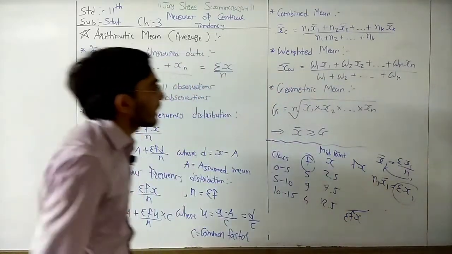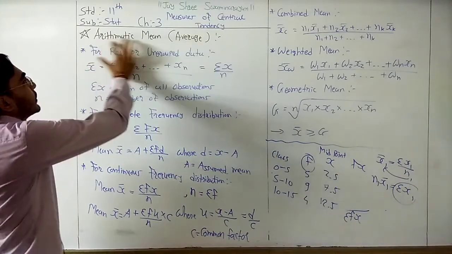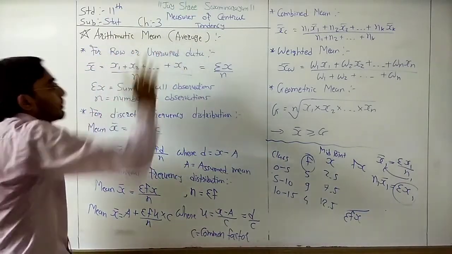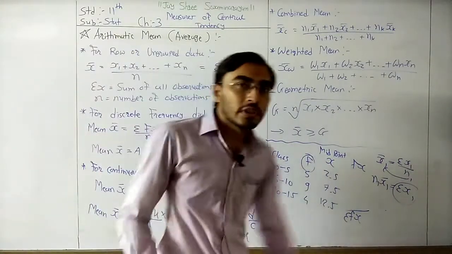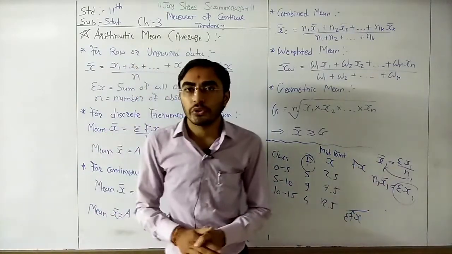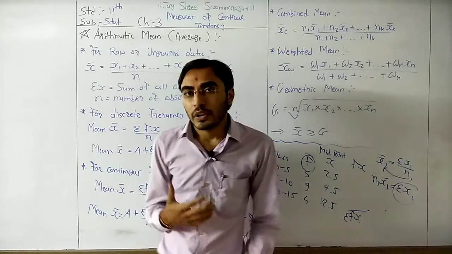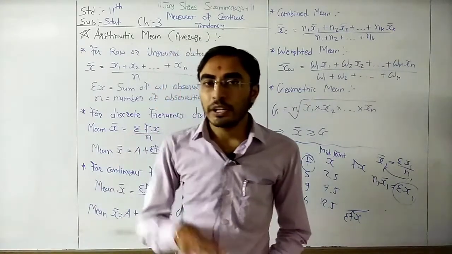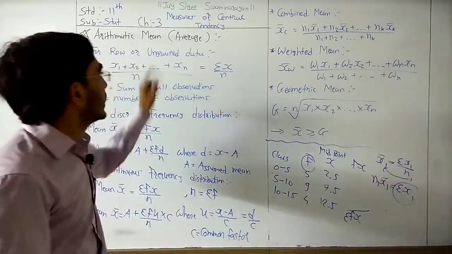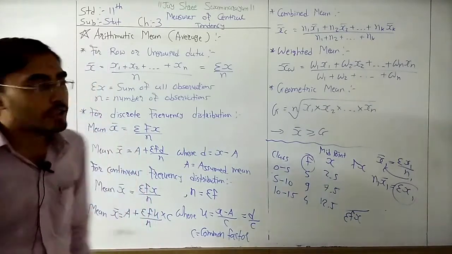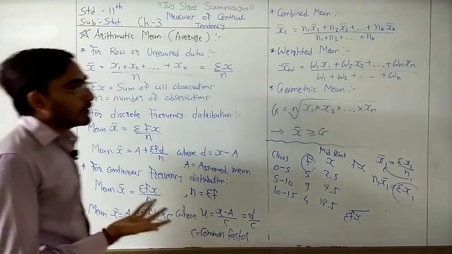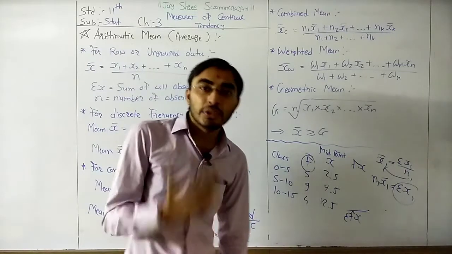Then this is our arithmetic mean. Arithmetic means what? What are the basic arithmetic processes? Addition, subtraction, multiplication, division, right? So if we find the mean by using addition, subtraction, multiplication, division, it is called the arithmetic mean. But in the geometric mean we need to take the nth root.